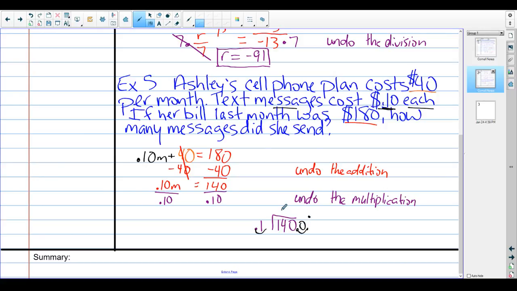And then 1400 divided by 1 is 1400. So M, after this, equals 1400. Or she sent 1,400 text messages in 1 month.